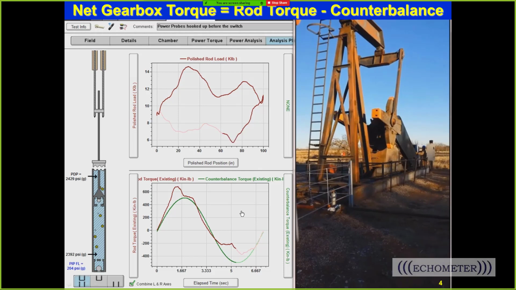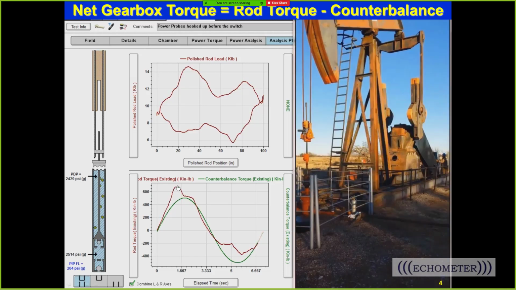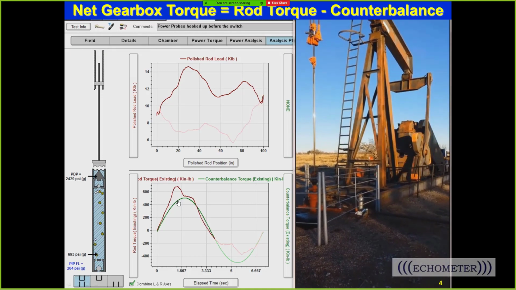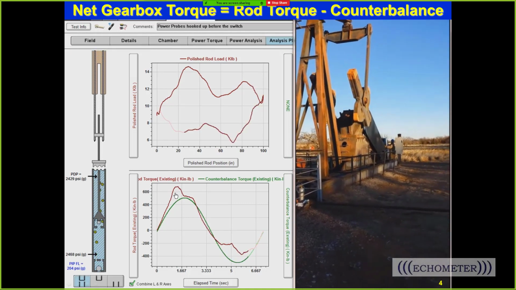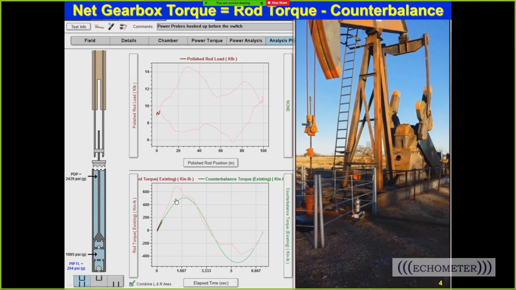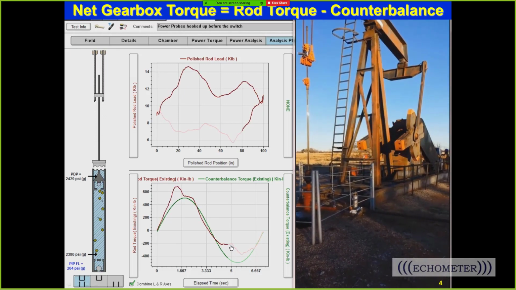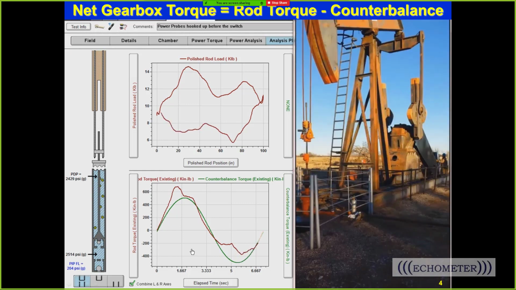And so the difference between the rod torque minus the counterbalance torque equals the net torque. And so what you can see is that the biggest net torque difference during the upstroke is right here. And then right here, pretty close to right there, is the biggest difference on the downstroke.